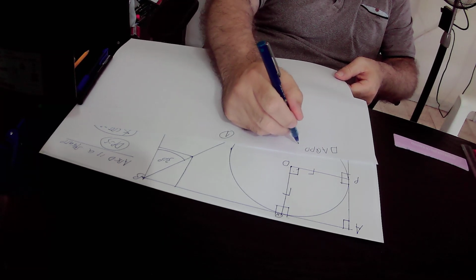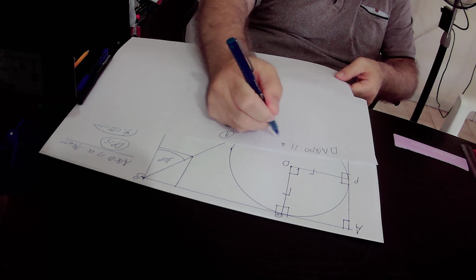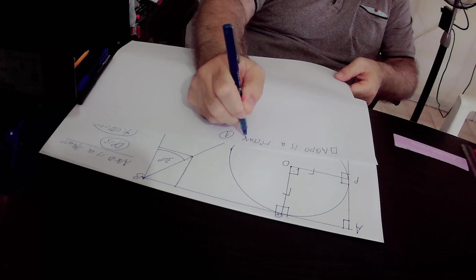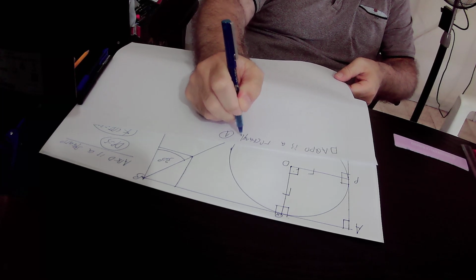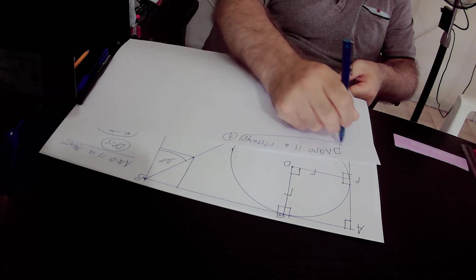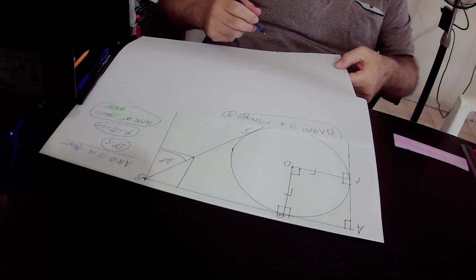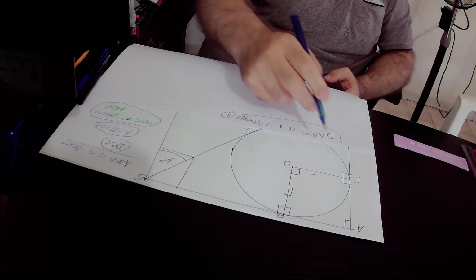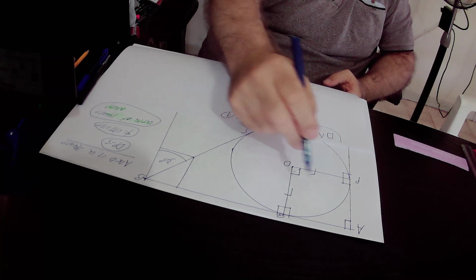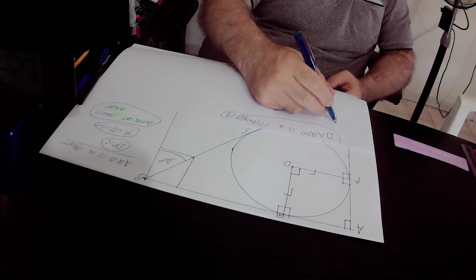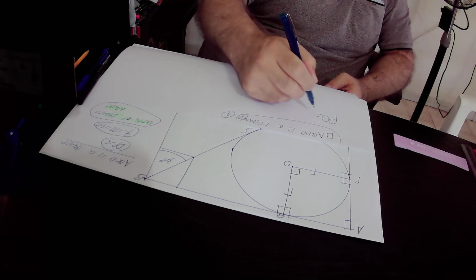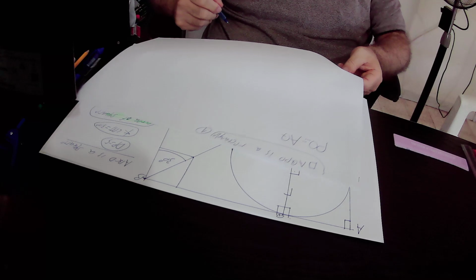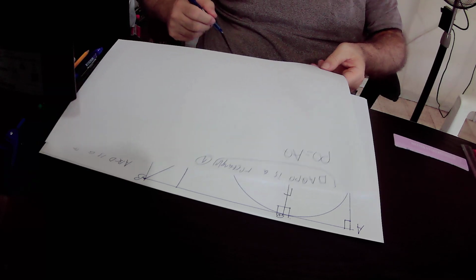And we also know that the opposite sides of a rectangle are equal to each other. That is to say, PO equals AQ.